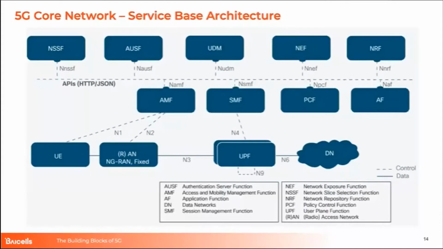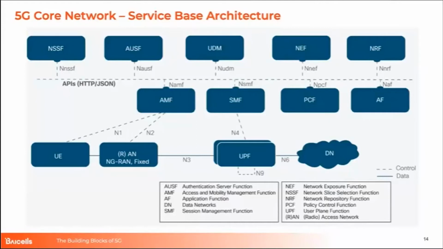And the RAN enters the core through the N1 and N2 interfaces. That's how the 5G RAN communicates with the 5G core, through what we call N interfaces. So N1, N2 go into the AMF. If you remember, AMF is kind of similar to the MME in LTE.